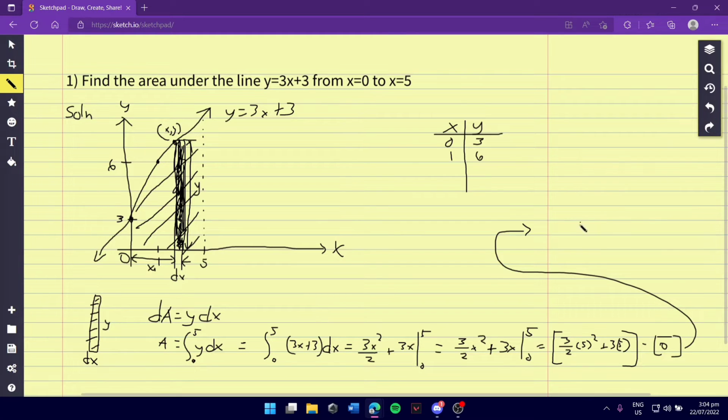This will be equal to 75 halves plus 3 times 5 is 15. So this is now your final answer, and the unit of measure is square units. So this is your example number 1.